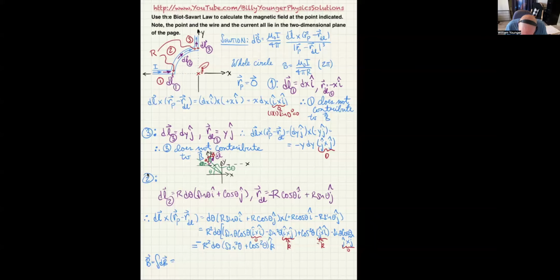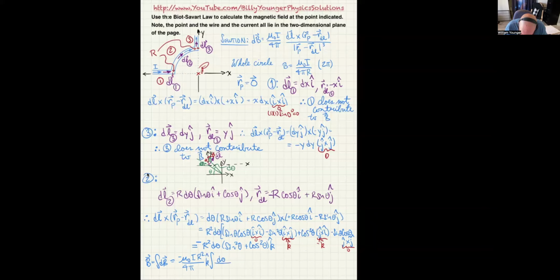So this is going to become, pulling the constants out in front, negative mu 0 I r squared over 4 pi times, now I've got to take the integral of dl cross rp minus rdl, which we already found was just r squared d theta. So this is going to be d theta, and this is in the k hat direction.